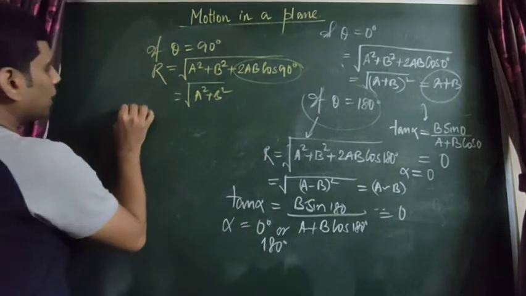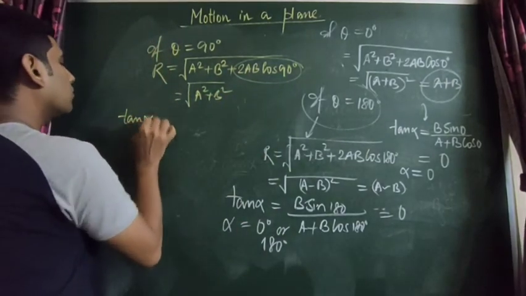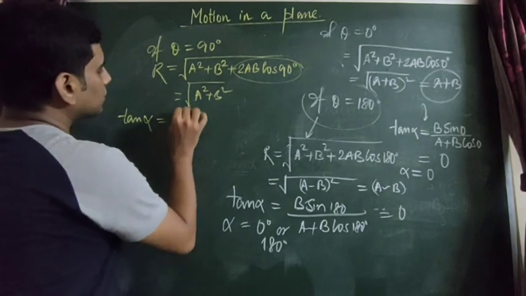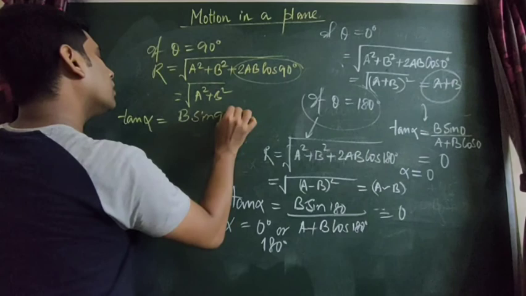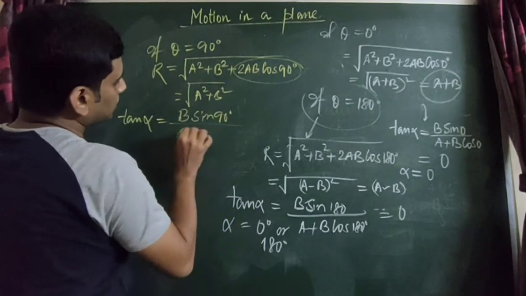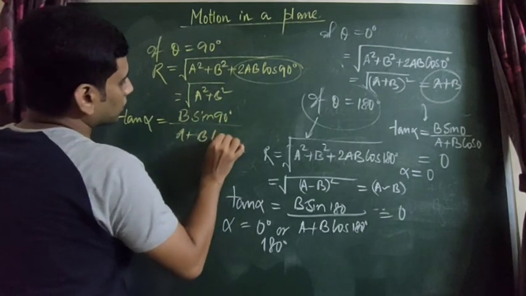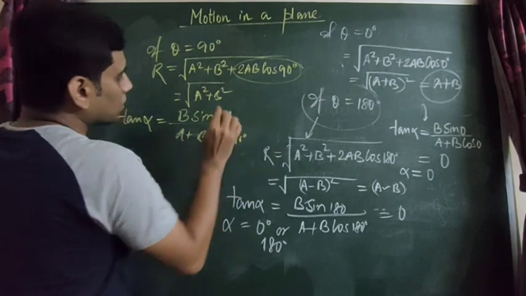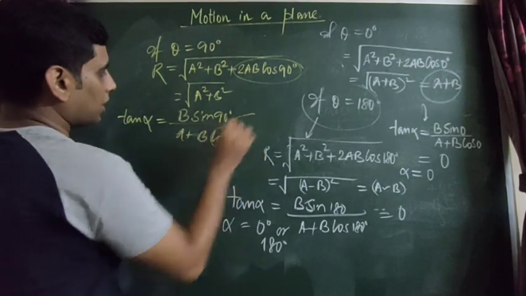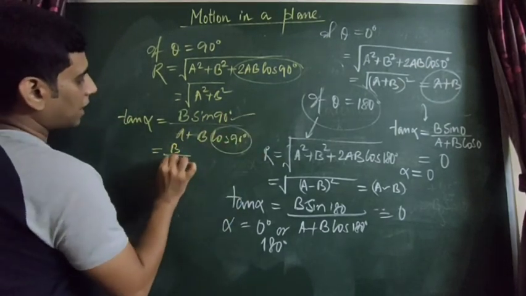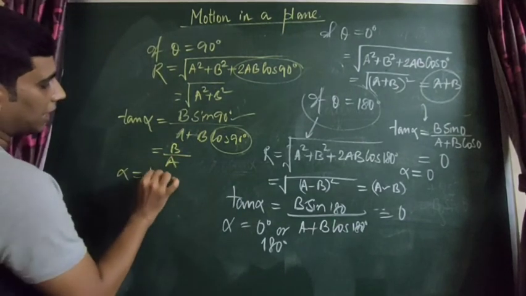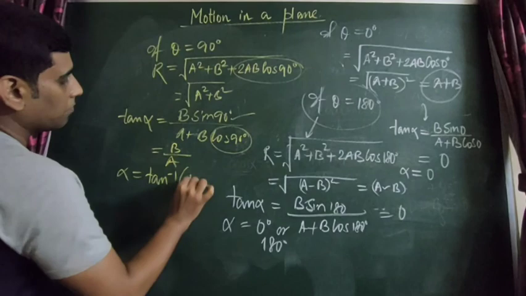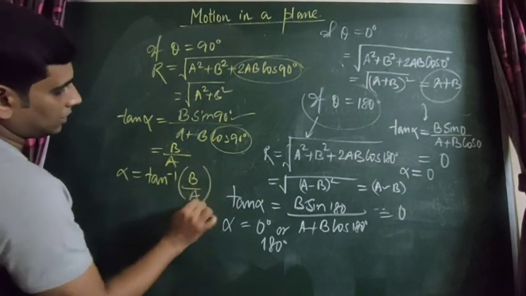And what is the value of tan alpha? It comes as b sin 90 by a plus b cos 90. Cos 90 is 0 but sin 90 is 1, so it comes as b by a plus 0, that is b by a. So alpha you get as tan inverse b by a.